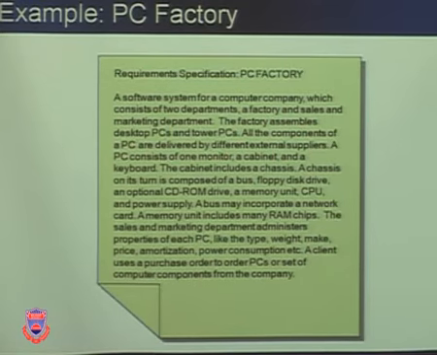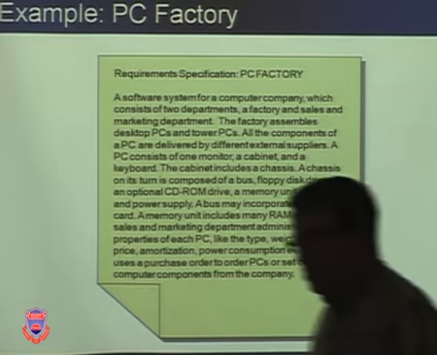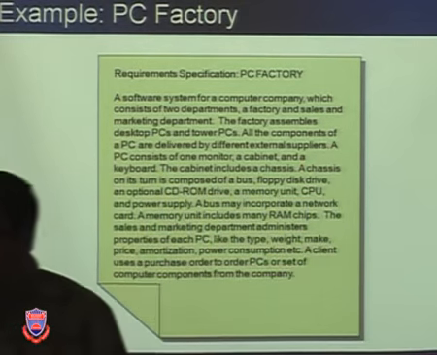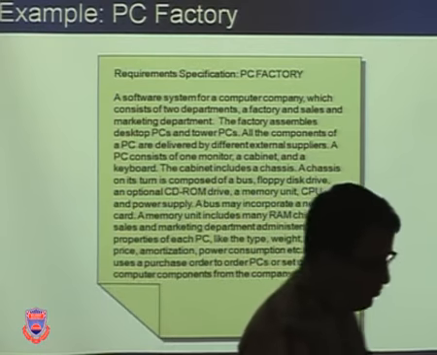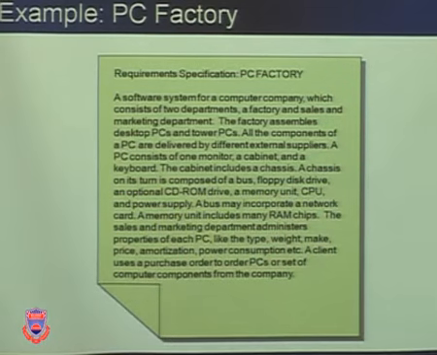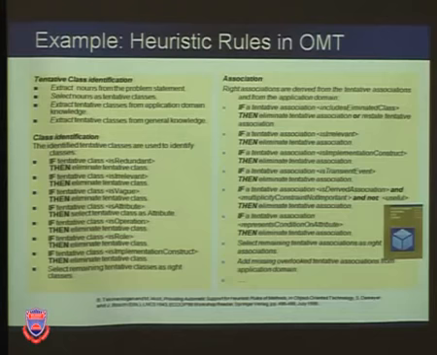A PC consists of one monitor, cabinet, etc. So the company tries to develop personal computers. With the artifact-driven approach, we are going to define an architecture for this, for example as explained in OMT.